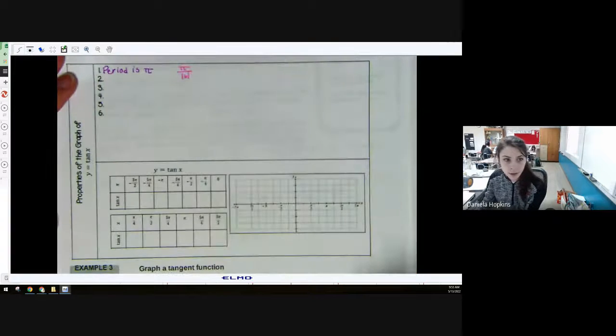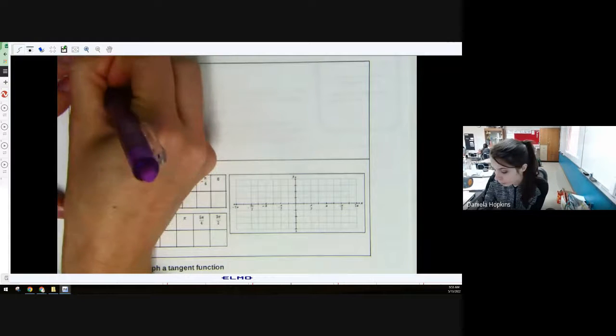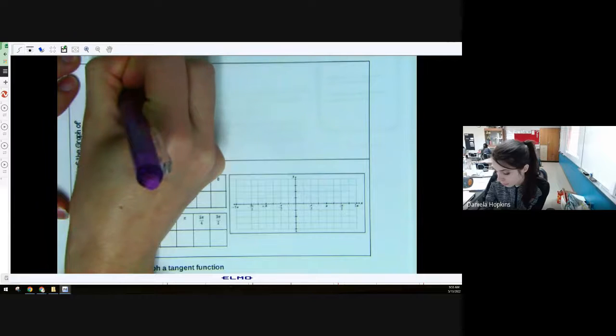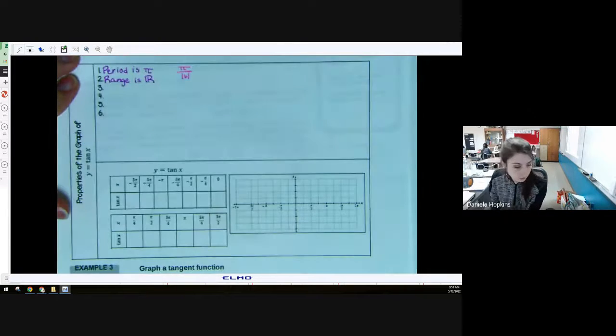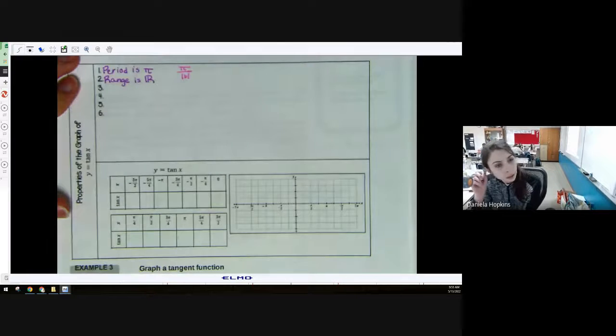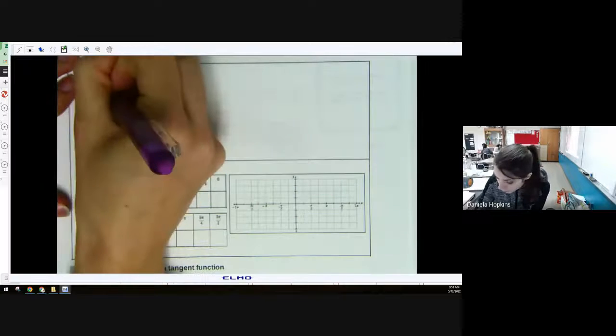Now, yesterday, our domain was all real numbers. Today, your range is going to be all real numbers. So range is all real numbers. And the domain has a bunch of holes in it because we have an asymptote. I don't know if there's a slick way to write it in interval notation or inequality notation, but I'm just going to write it out in plain words.